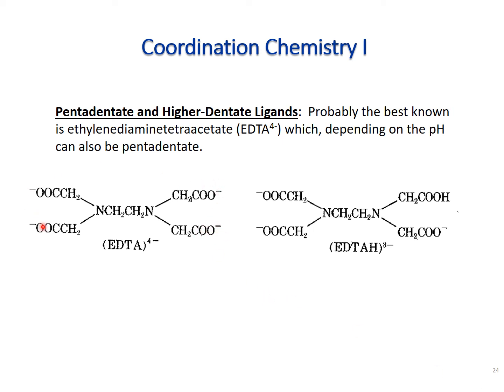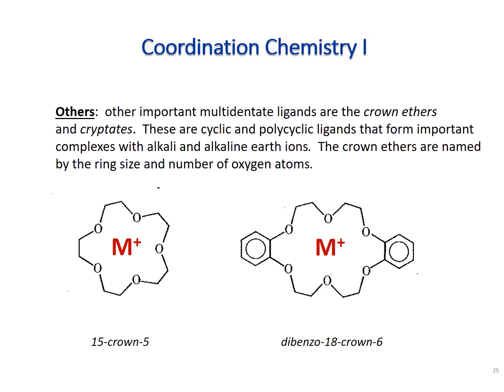It has these 4 oxygens certainly, but there's also these 2 nitrogens here that potentially have some ability to bind. There's some other examples like crown ethers as well, and cryptates.